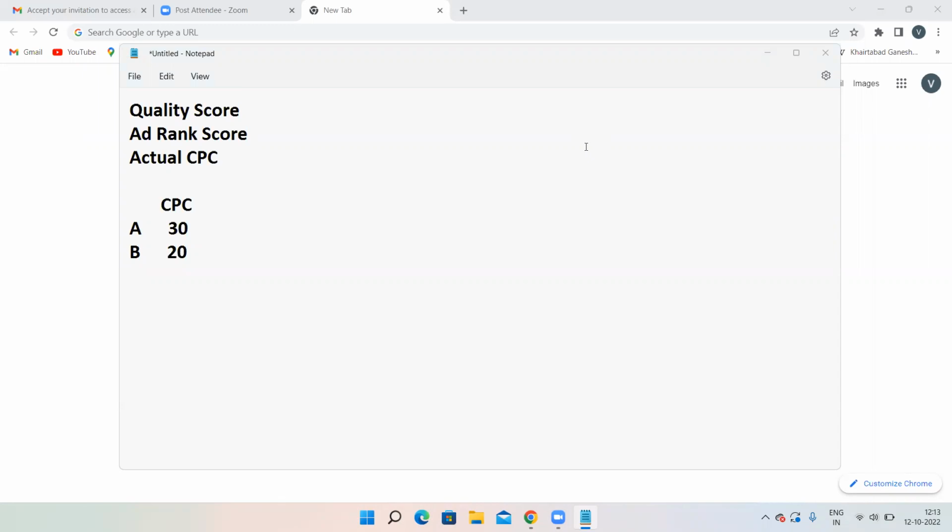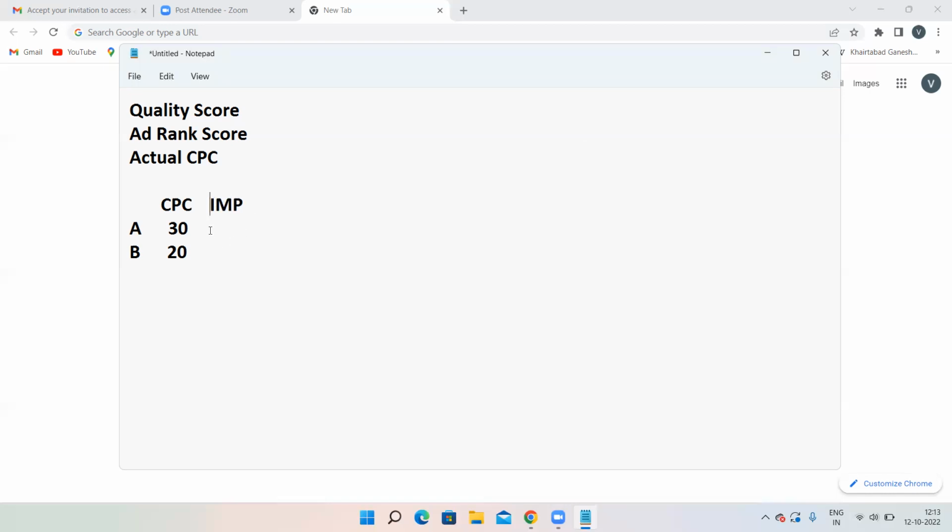In case you don't want to increase your budget and you want to appear in A's place, which is first position, B will be clicking on A's advertisement n number of times until A's daily budget gets exhausted, so that B's advertisement will appear on top.